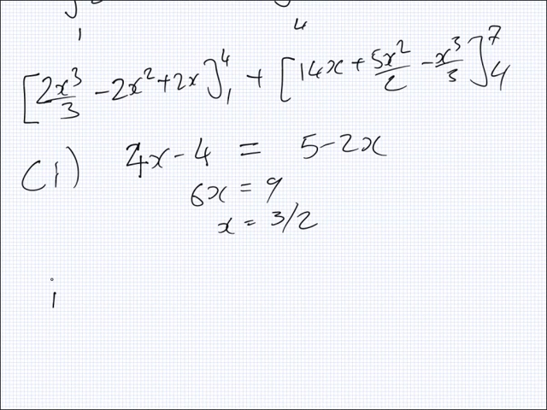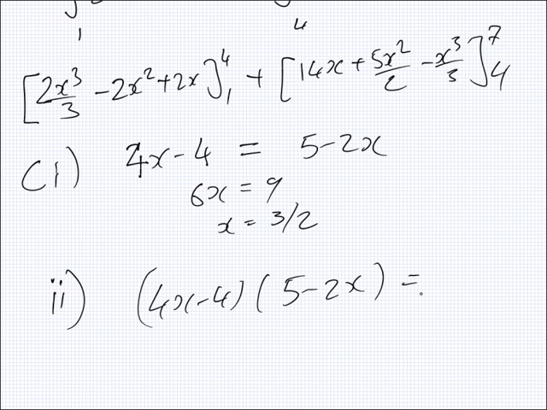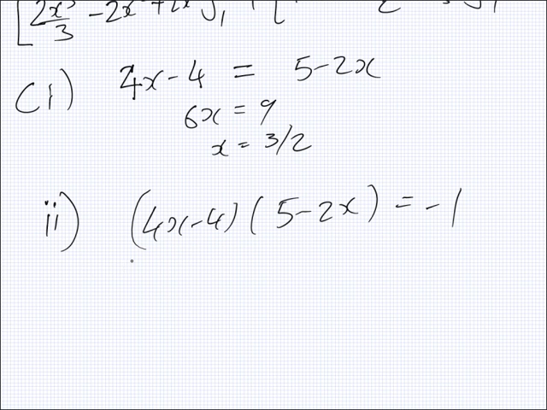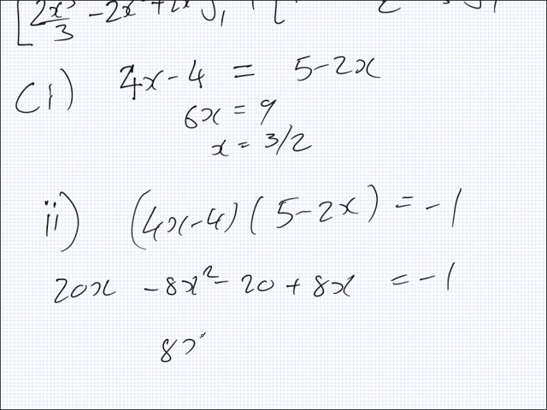And the next part is if they're perpendicular, how do we find where that is? M1 times M2 should equal minus 1 if they're perpendicular. 20x minus 8x squared minus 20 plus 8x equals minus 1. Is that right? 8x squared minus 28x plus 19 equals 0.